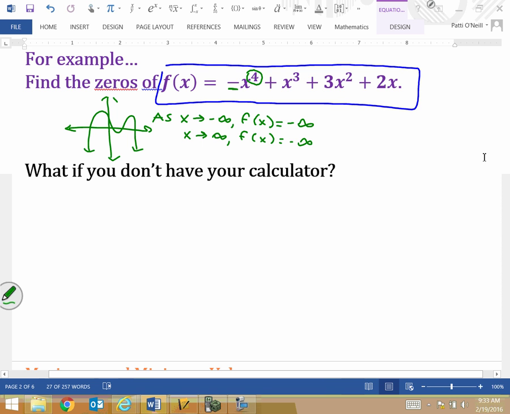I also know that there could be a total of 4 real zeros. There don't have to be 4 real zeros, but it will have a maximum of 4 real zeros, which means our graph could touch or pass through the x-axis 4 times, or it could pass through 2 times and then touch it once to make up the 4.